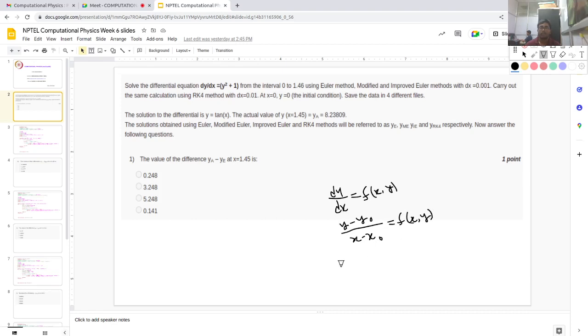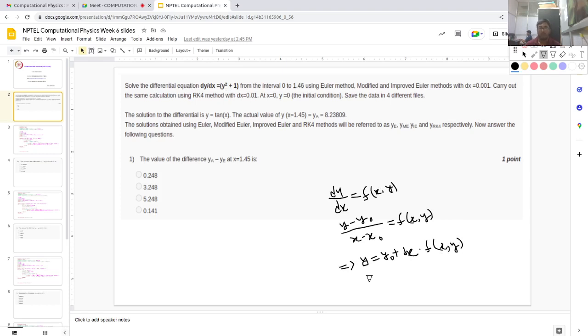So from here we can calculate y if we know the value of y naught and this step size x minus x naught. So y equals y naught plus, if we define x minus x naught to be dx, dx into f of x, y. In our case f of x, y is 1 plus y square.